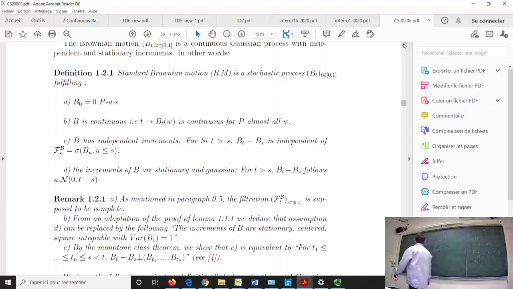So Bt is a continuous and Gaussian process such that the mean function is equal to 0 and the variance-covariance function is equal to the minimum between s and t.